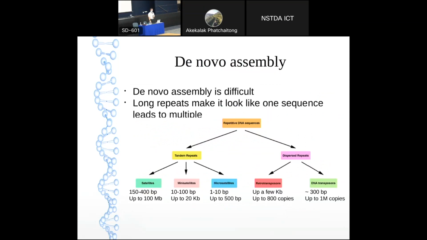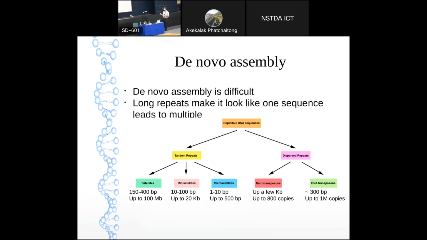Okay, so the repeat sequences make it look like one read can lead to multiple other reads. And repetitive DNA can be broken down into these classes. So we have tandem repeats, which are repeats that are repeated one after the other in sequence.